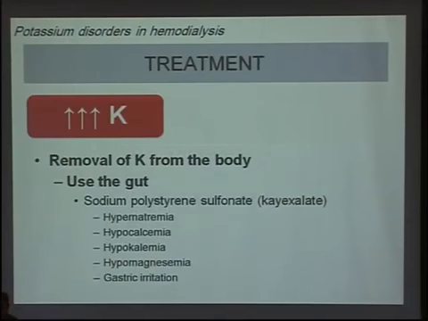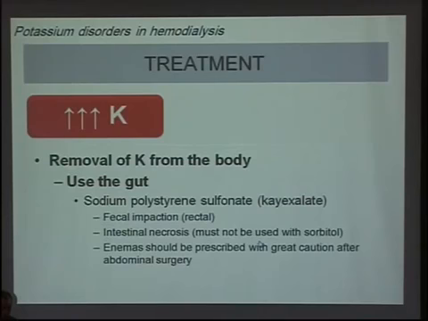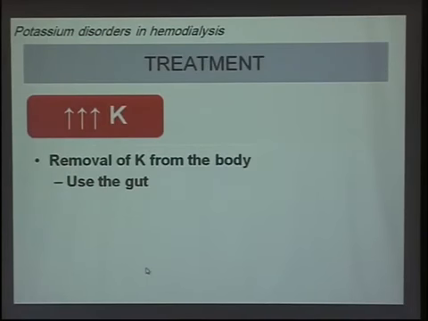And again, SPS, sodium polystyrene sulfonate, was the first one to be approved in the 1950s. But in 2009, there was a black box warning against using it with sorbitol because this will increase intestinal necrosis. A rare complication, but a very serious complication. And don't use enemas if the patient has had recent abdominal surgery.